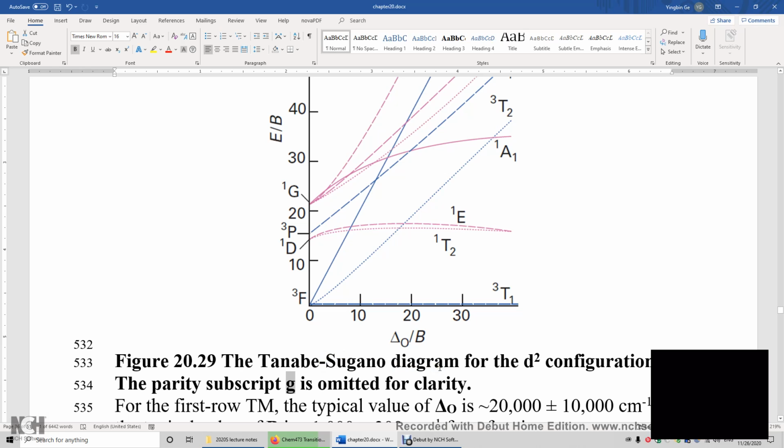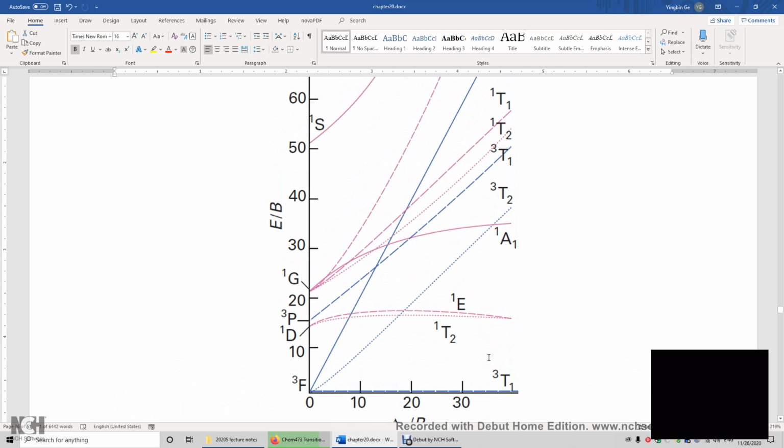But if you are using this Tanabe-Sugano diagram to predict the UV-Vis spectrum of the d2 transition metal complex, I would suggest you to ignore the 1D, 1G, and 1S terms and their corresponding terms in the octahedral environment. The reason is, from a triplet spin state to a singlet spin state is strictly forbidden in the electronic transitions.